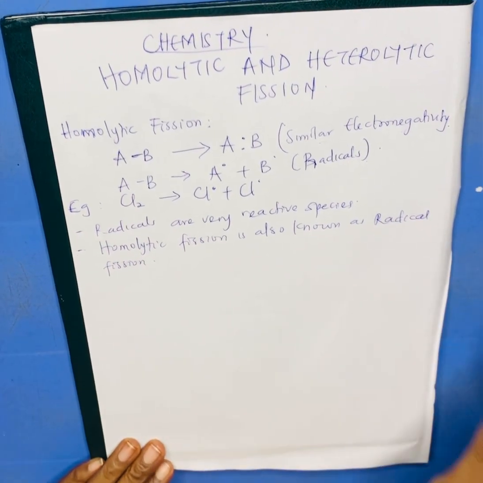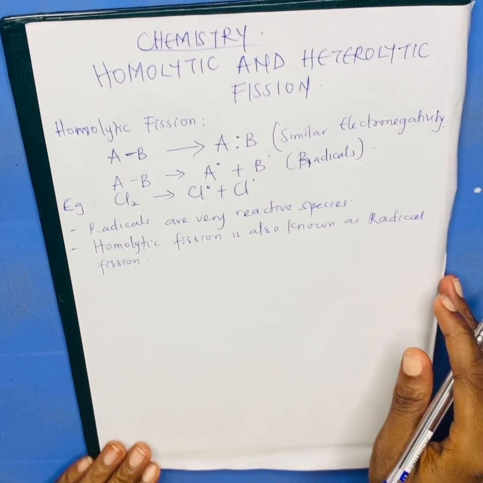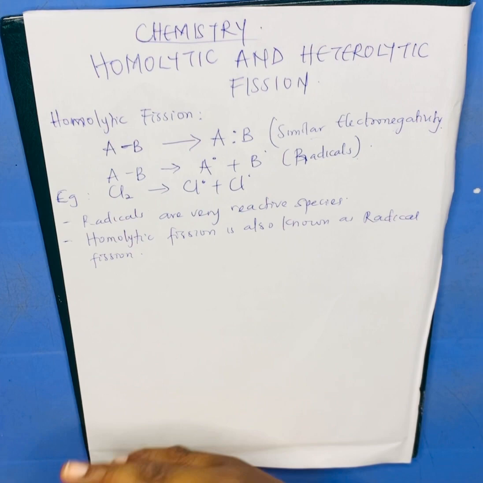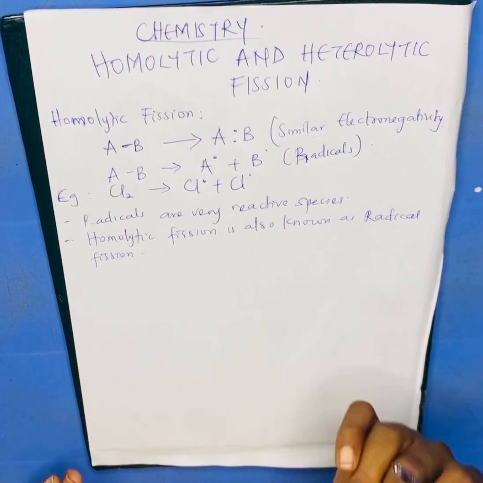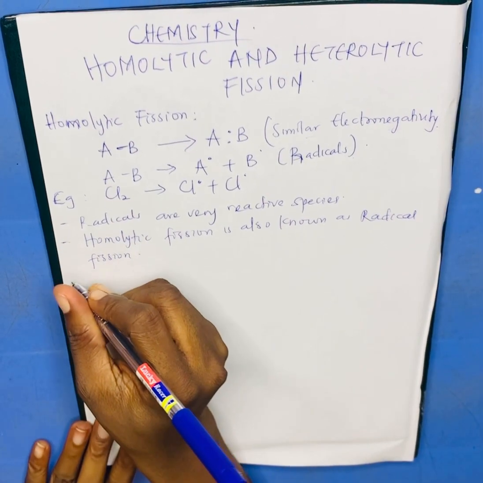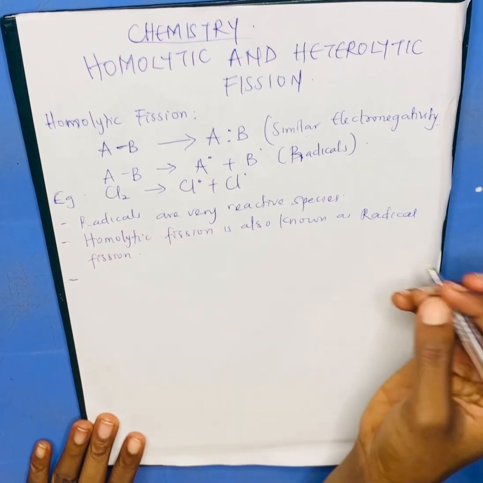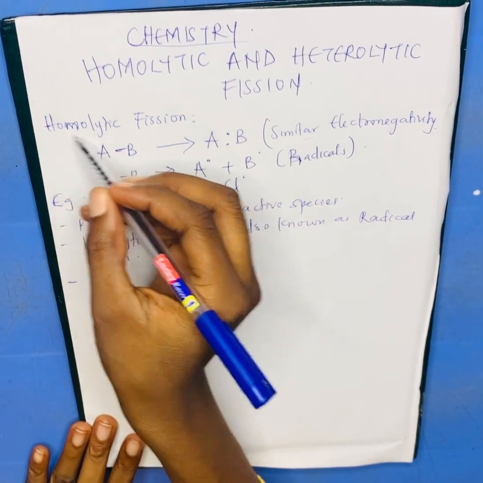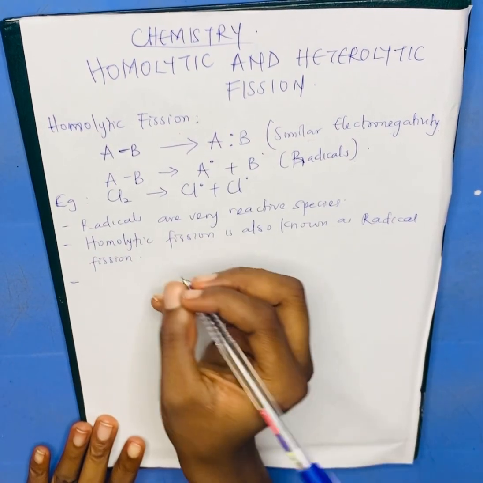Also, chemical reactions involving homolytic fission are known as free radical reactions. I'm just saying all of this so that in case you see radical fission, you'll not be wondering what this is. It is still the same homolytic fission that we are talking about.